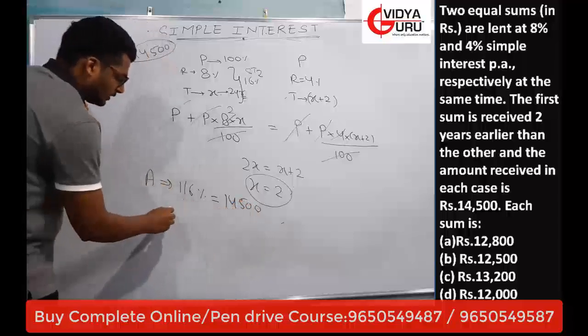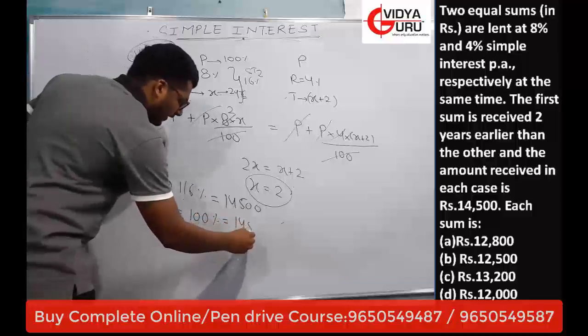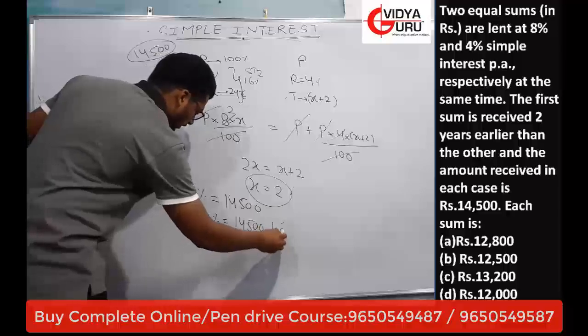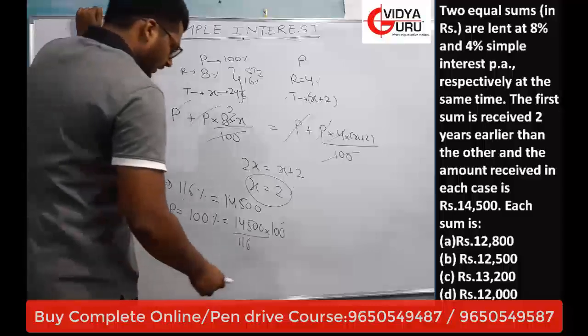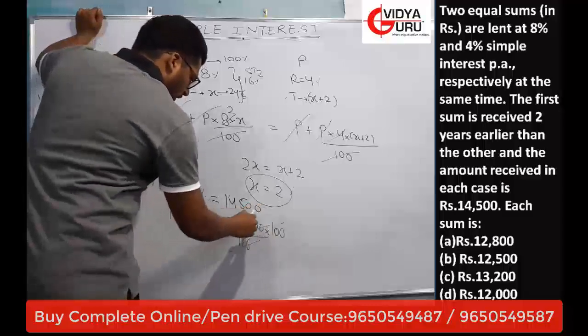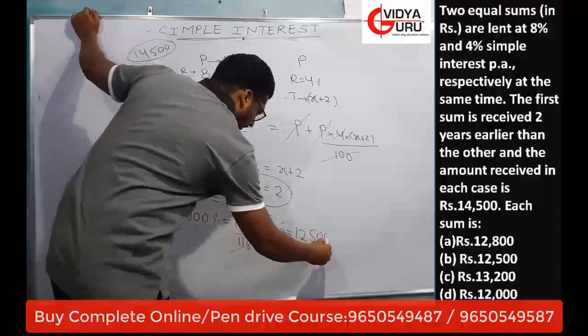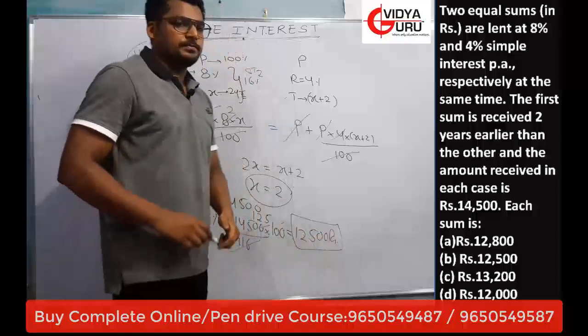We need to find out the principal, which is 100%. 14500 by 116 into 100. If we solve this, it will be 125 times 100, and 12500 is the answer of this question.